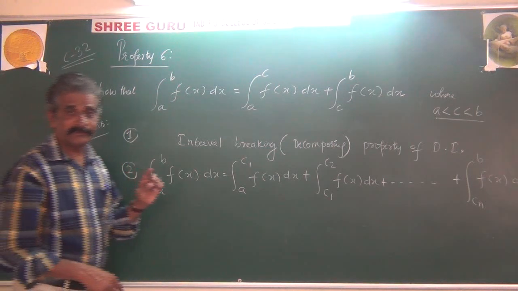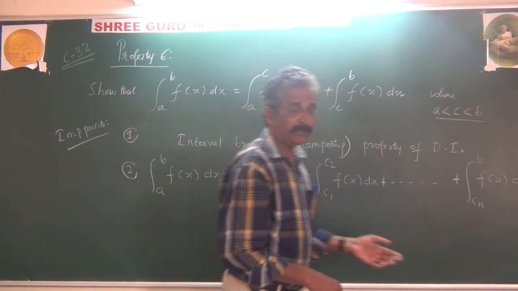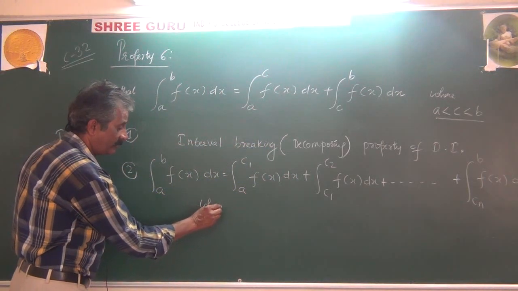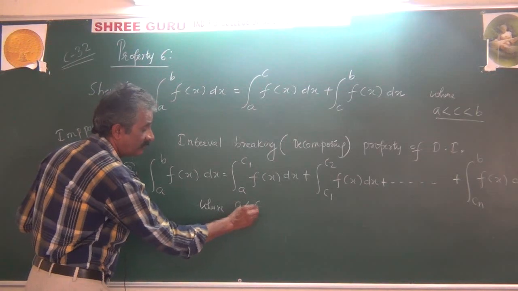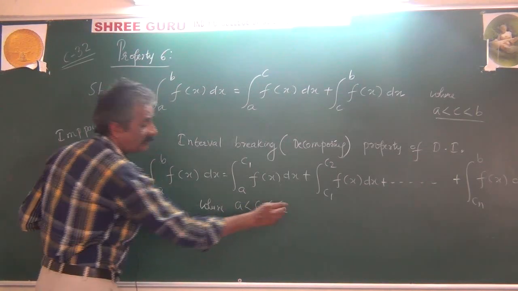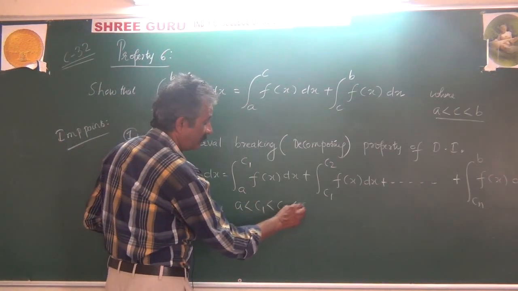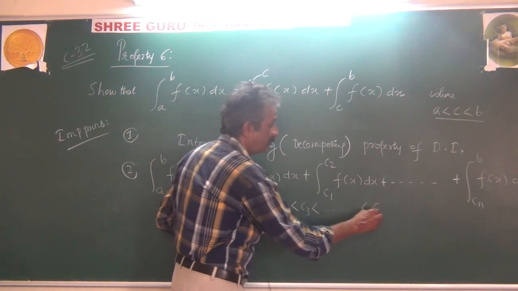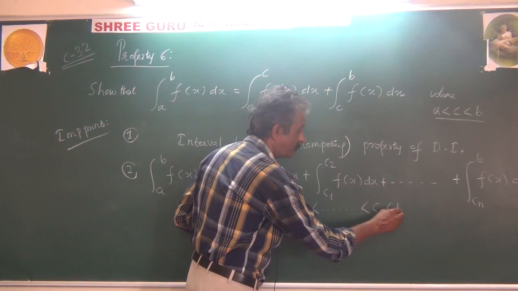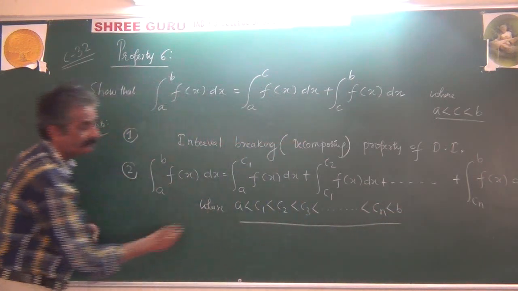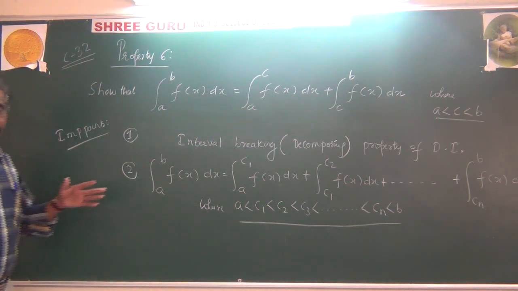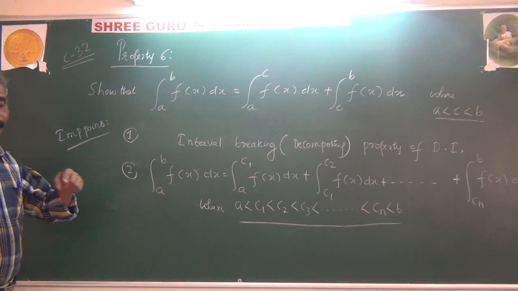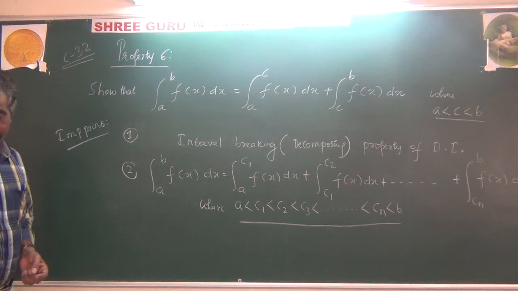Provided c1, c2, c3, cn must be in between a and b, where a less than c1 less than c2 less than c3 less than so on, less than cn less than b. As good as saying c1, c2, c3, cn all lie well within a to b. That's the meaning.